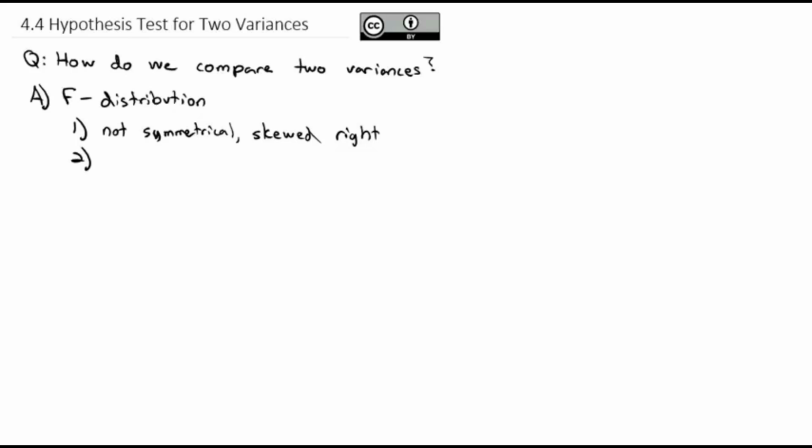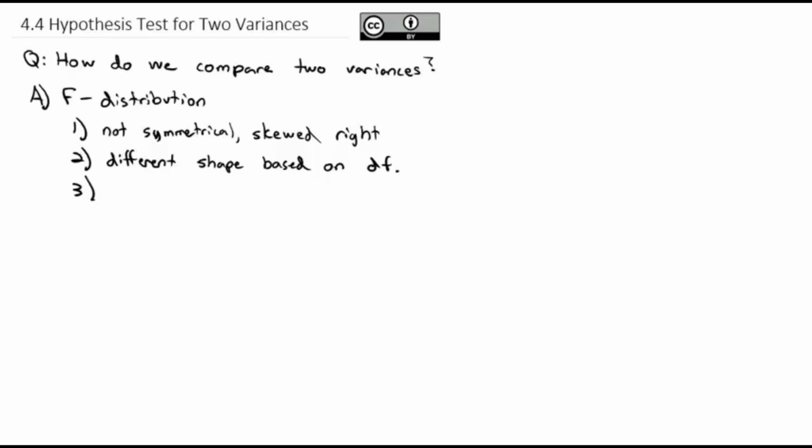Also similar to the chi-squared, it has a different shape based on degrees of freedom. But what's really unique about the F distribution is it's a fraction of two variances.